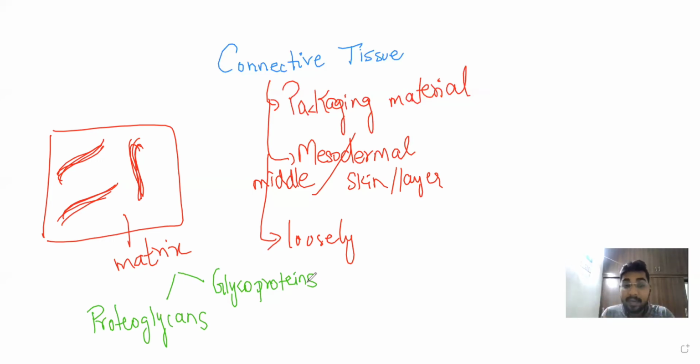So we have this entire matrix where the connective tissue is present. It is made up of proteoglycans and glycoproteins. And whatever cells I said, the connective tissue cells stuffed in this matrix, they are called connective tissue fibers. So whatever I was drawing here are the connective tissue fibers.